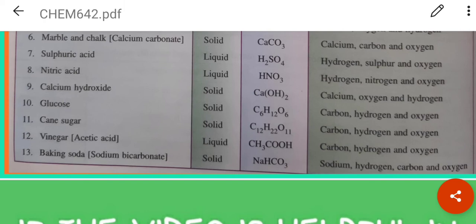Glucose, it's a solid. Formula C6H12O6. So in which process is it produced? By the process of photosynthesis. Elements present are carbon, hydrogen and oxygen. Cane sugar. Formula C12H22O11.